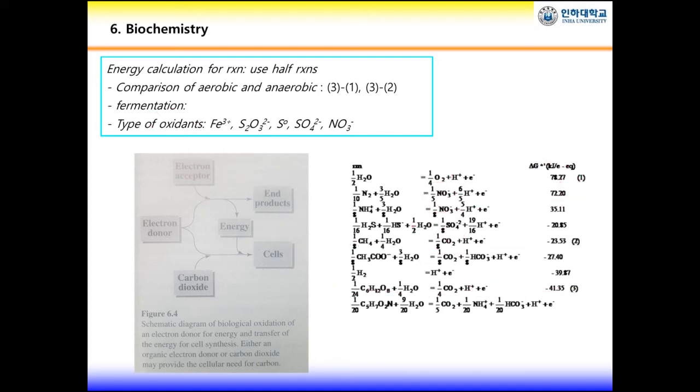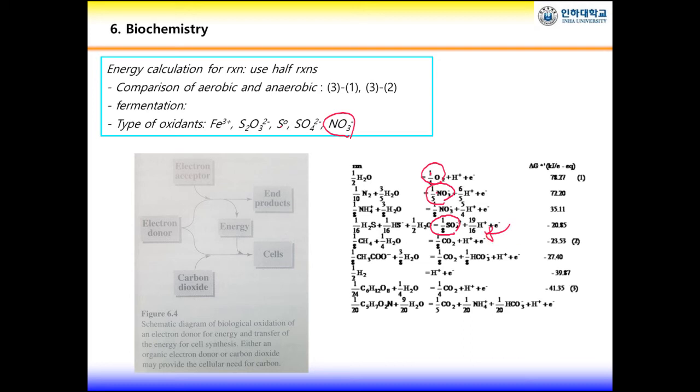Okay, as I told you before, oxygen is the best electron acceptor. Then nitrate is quite equivalent to oxygen, and sulfate is here. So sulfate is a little bit worse, not as good an electron acceptor as the upper two. And elemental sulfur and thiosulfate are somewhere around here.